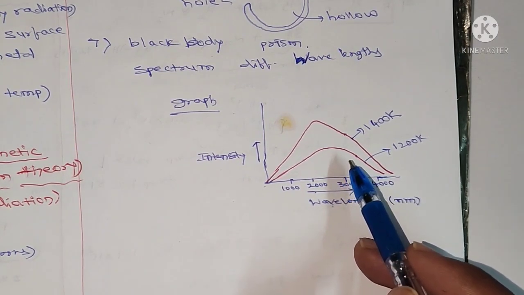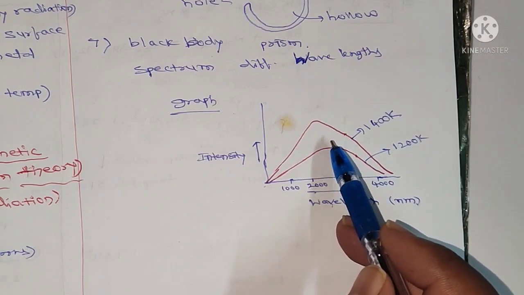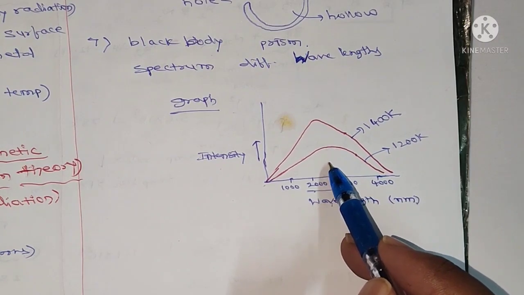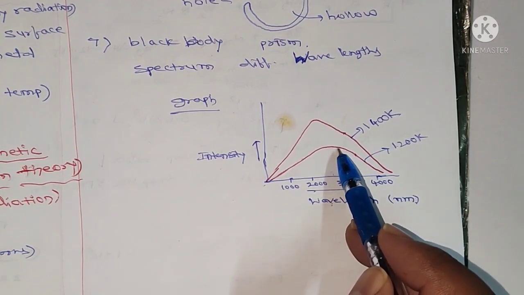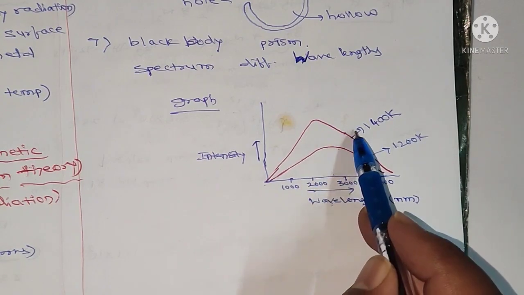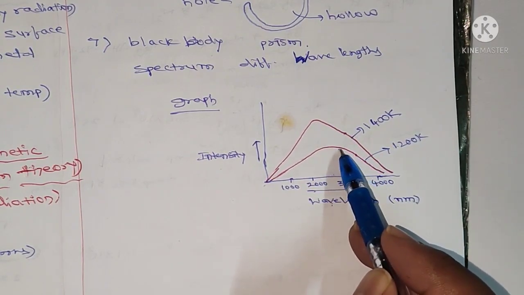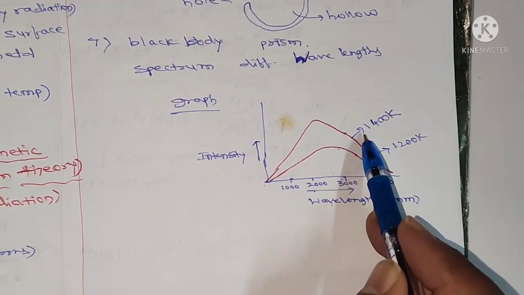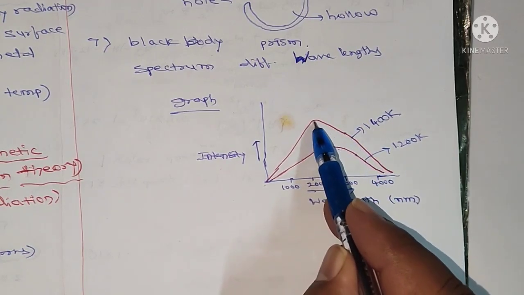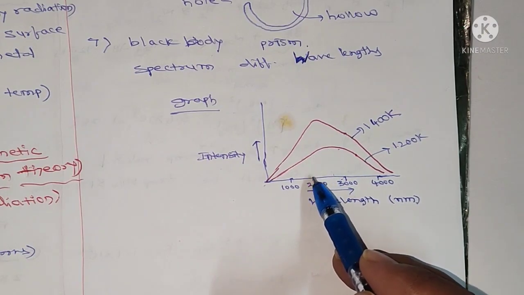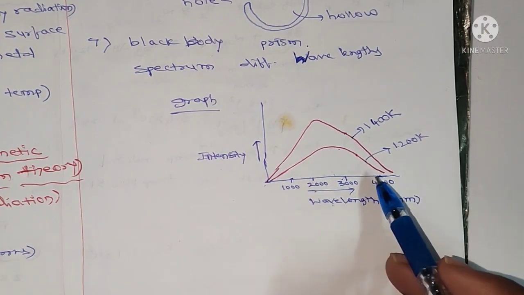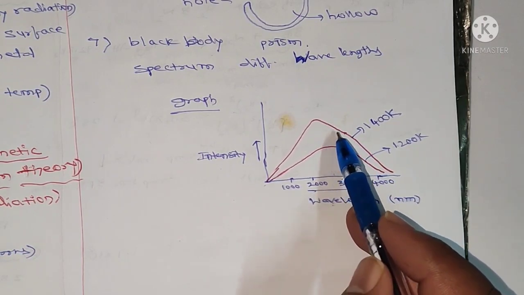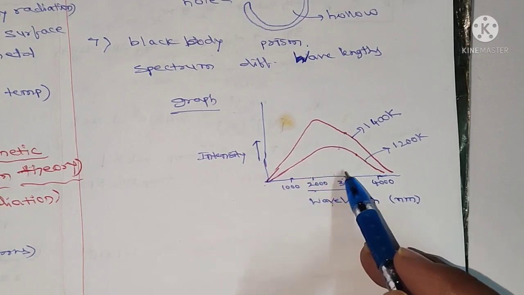And as temperature increases, the peak of the curve shifts towards lower wavelength. So at lower temperature, the peak appears at higher wavelength, and at higher temperature the peak appears at lower wavelength.